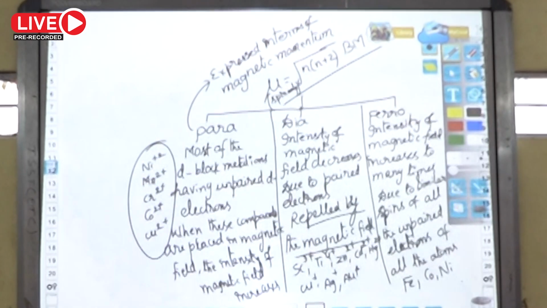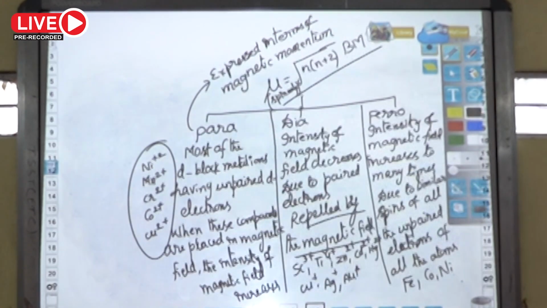Actually, there are two types of movement for the electron. It spins around its own axis. A charged particle spinning around its own axis is the main cause for magnetic behavior. So the electron not only spins but moves around the nucleus.